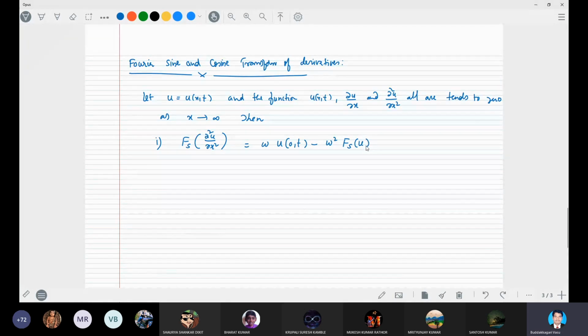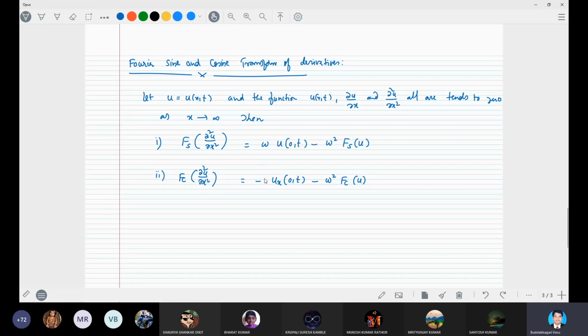And number 2, Fourier cosine transform of dou square u by dou x square is equal to minus ux(0,t) minus omega square into Fourier cosine transform of u. So these are very, very important, which will help you to solve the initial boundary value problems, particularly heat conduction problems or the wave equation, all of them.